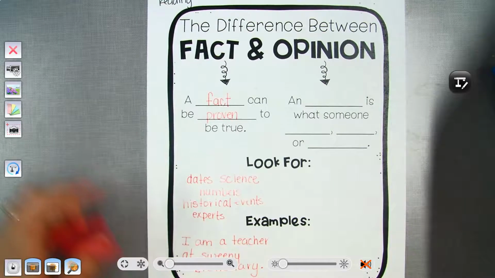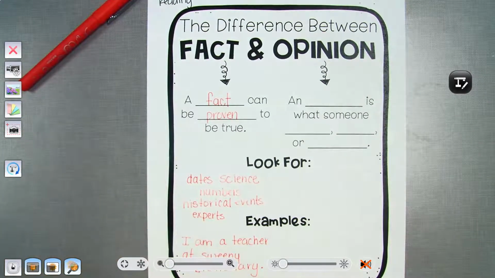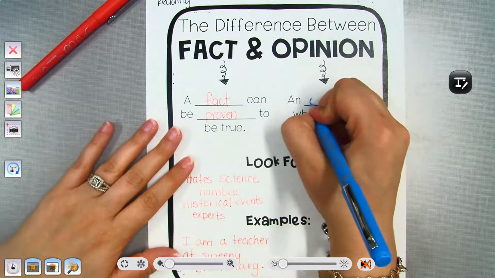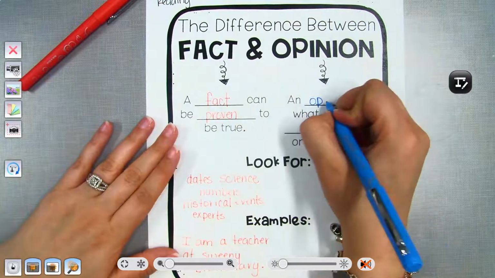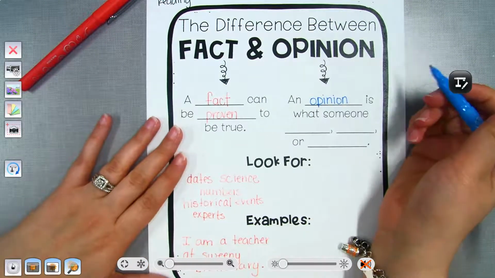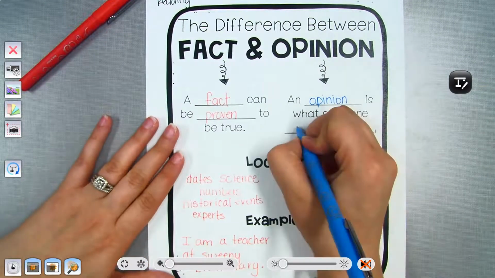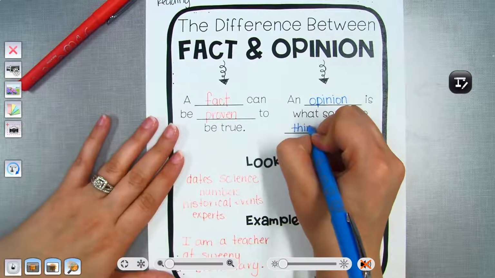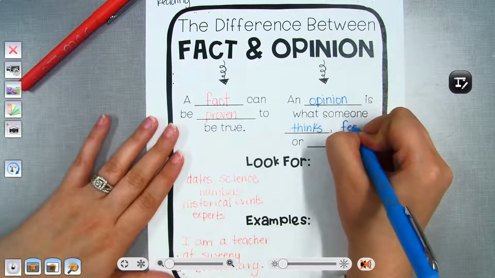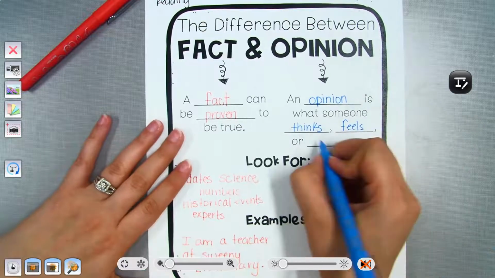And I'm going to use a blue pen or a matching color if you have it. If you don't, a pencil will work. So an opinion is what someone thinks, feels, or believes.